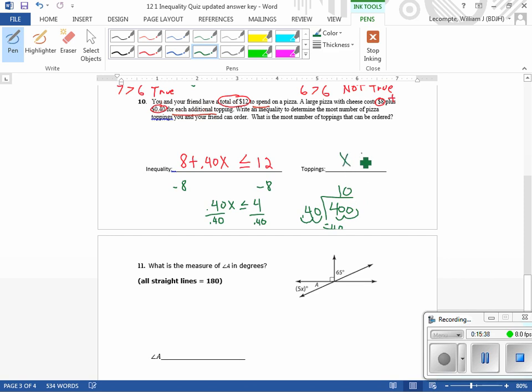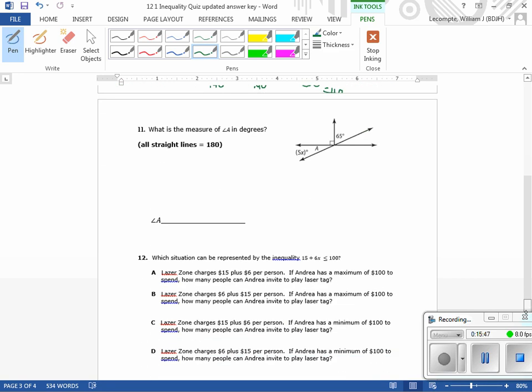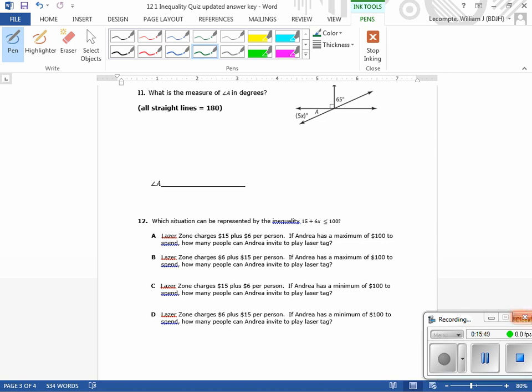Number 11 is new to us a little bit, but we definitely saw it in 6th grade, and we saw it in a couple of our homeworks. But the big deal is that it's equal to 180 degrees, the straight line. So this is the straight line that we're talking about.